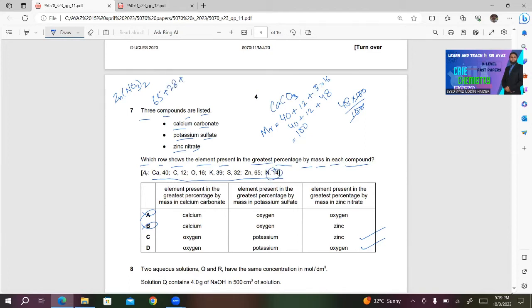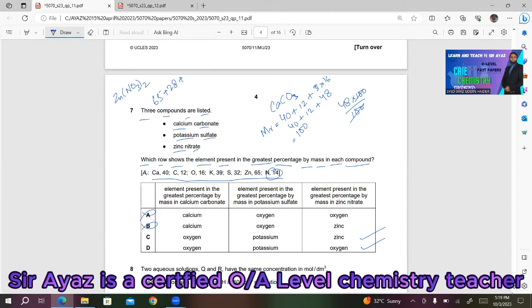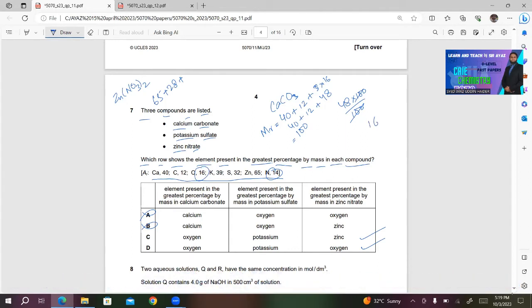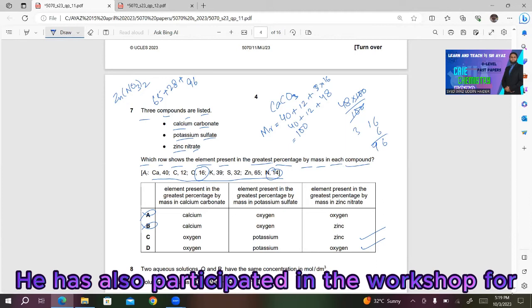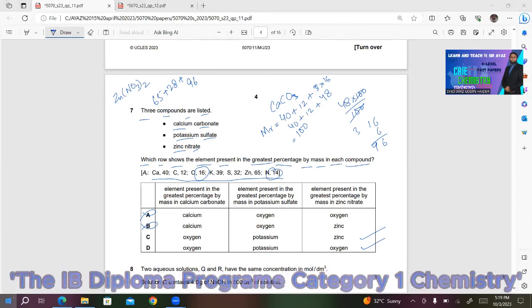What about oxygen? 2 multiplied by 3 is 6, and 6 multiplied by 16 is 96.